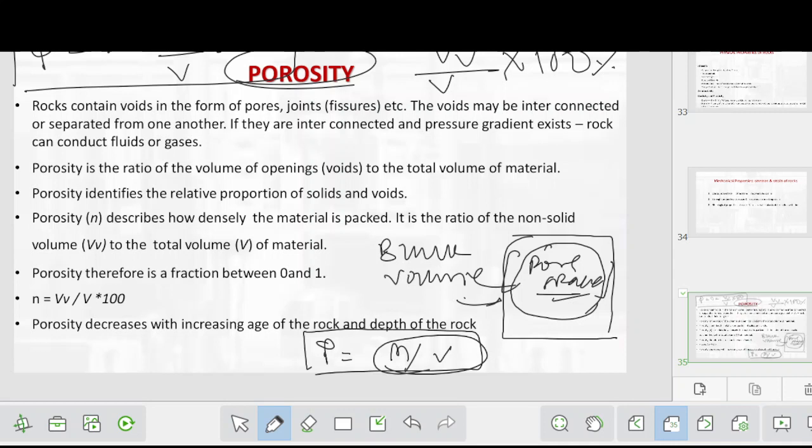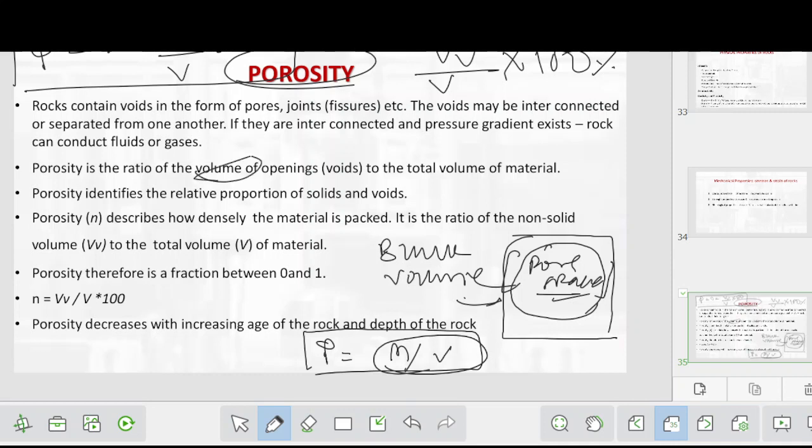But if I talk about the oil industry, then oil and gas will be there in the pore space, so you have to consider the oil volume and gas volume also. It is slightly different in petrophysics or any oil industry. But if you consider only a rock sample, then the pore space is filled with water or air. Are you getting my point?